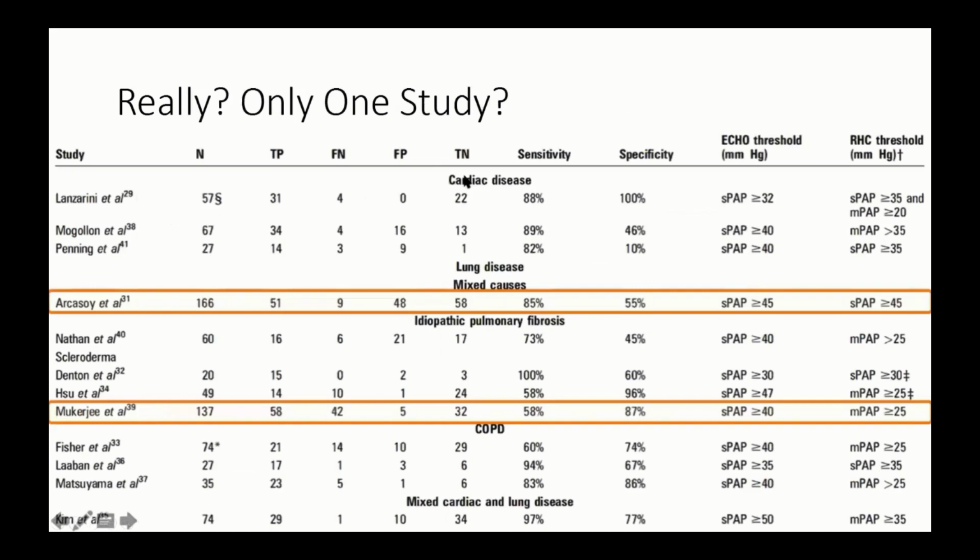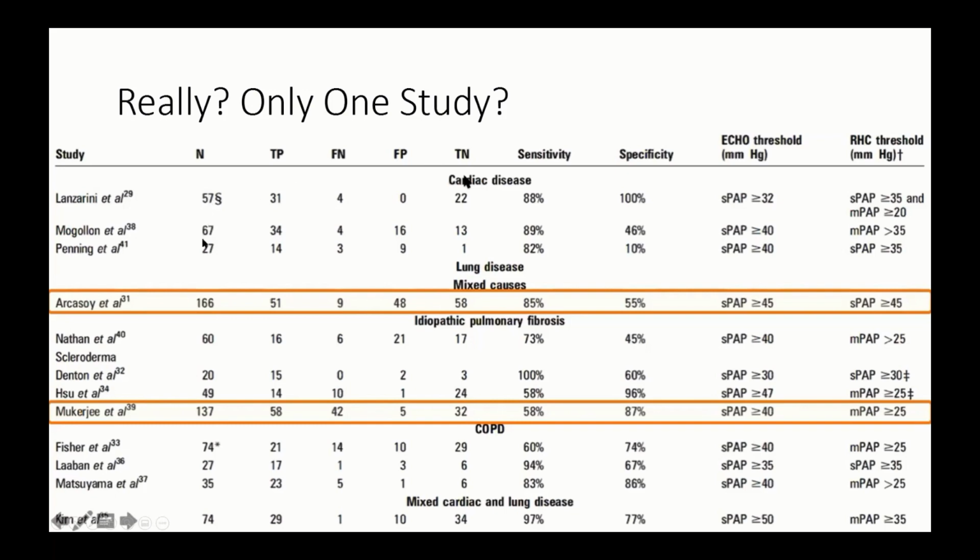But my question to myself is, is this 300 patient population study the only thing that's out there? And it actually is. These are all of the studies that try to validate or compare right heart cath to echo studies in cardiac disease patients.